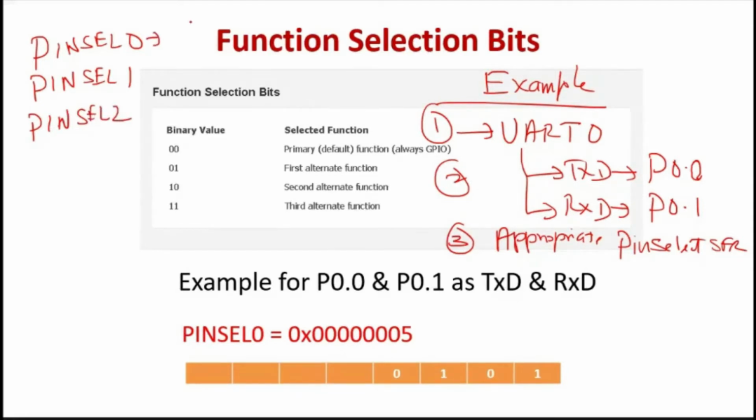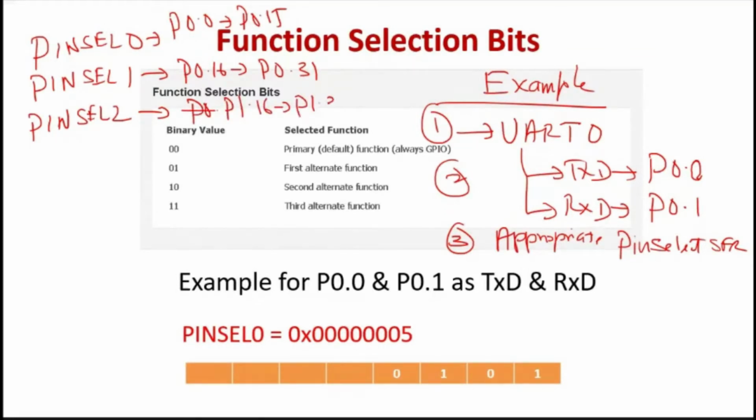Pin select 0 deals with port 0.0 to port 0.15. Pin select 1 deals with port 0.16 to port 0.31. Pin select 2 deals with port 1.16 to port 1.31. So these are the 3 pin select SFRs we have. What do you mean by the appropriate pin select SFR? I am planning to use port 0.0 and port 0.1.